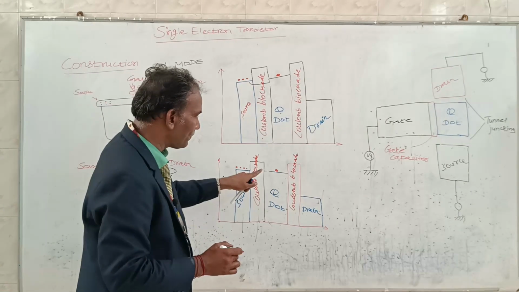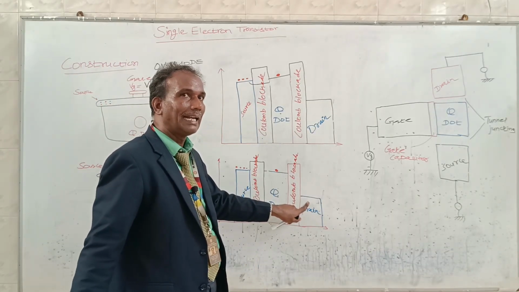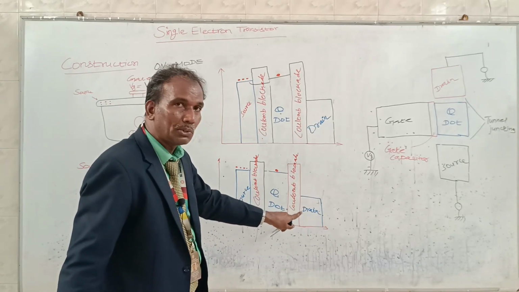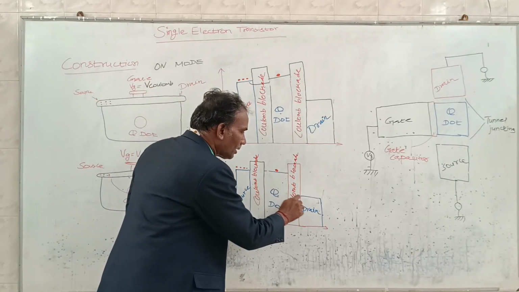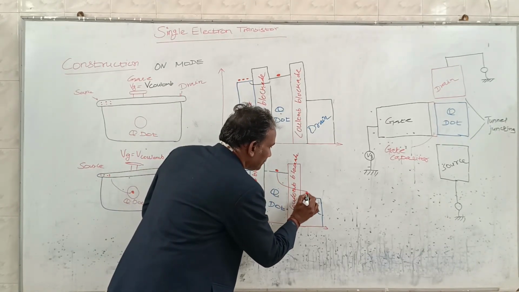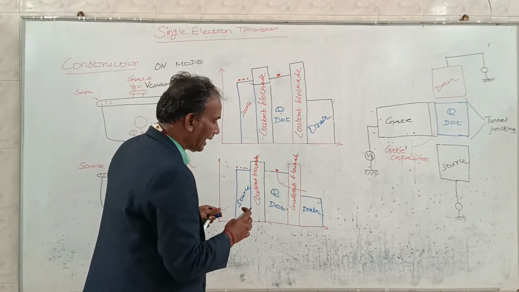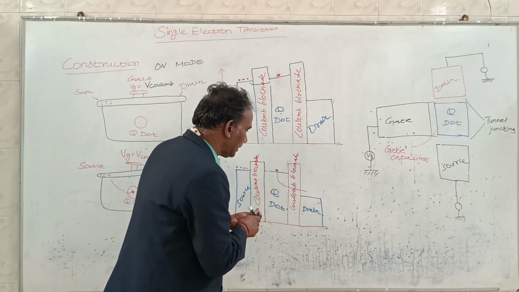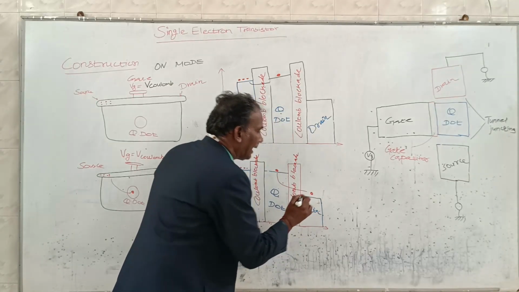So in this situation, the energy level of the drain is lowered in order to accept the electron from the quantum dot, so that the electron will move from quantum dot to drain, tunneling through the Coulomb blockade. Now the electron reaches the drain as shown in the diagram.